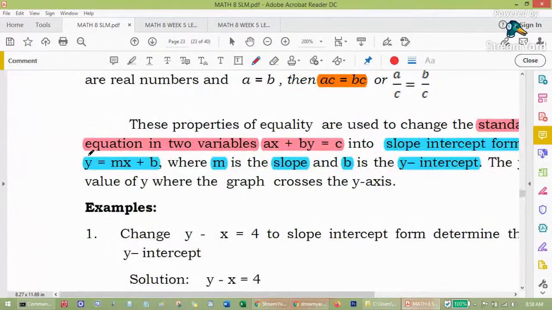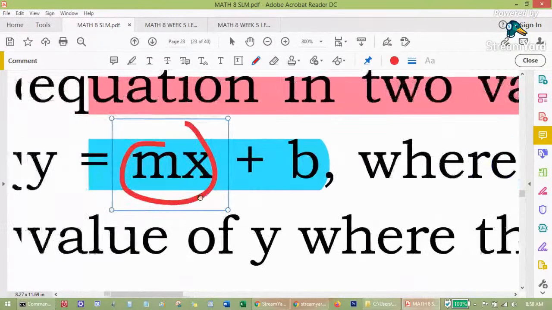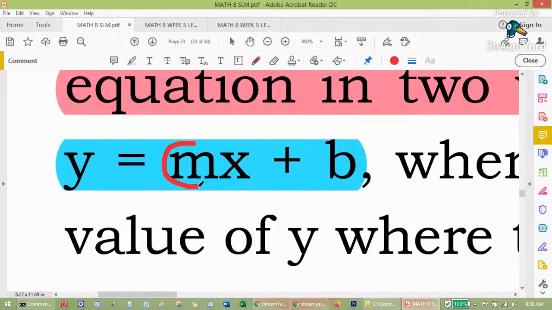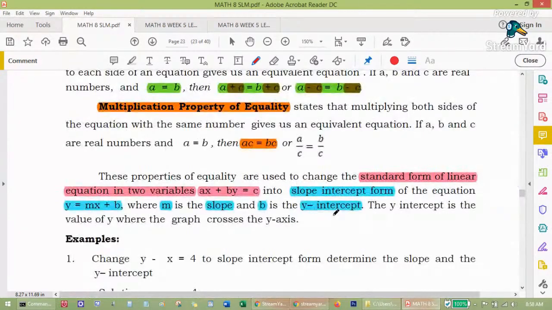So, sa pamamagitan daw ng equation na to, y is equal to mx plus b, malalaman natin ang slope at saka ang y-intercept. Okay, so ito yung slope, itong m. And then, ito yung y-intercept.